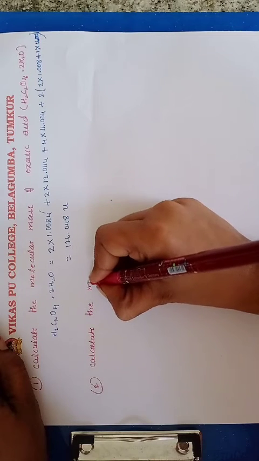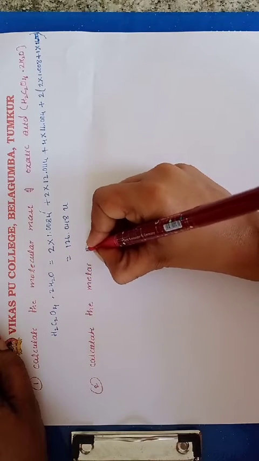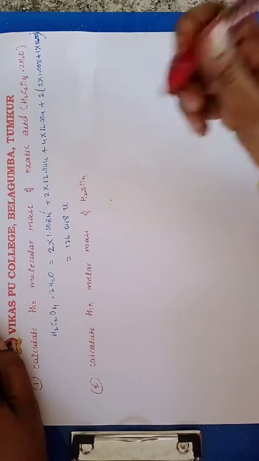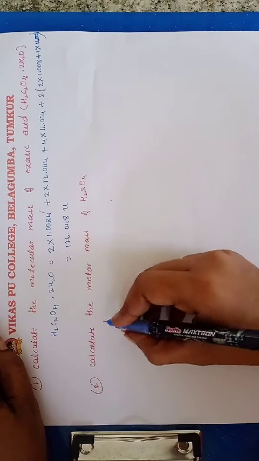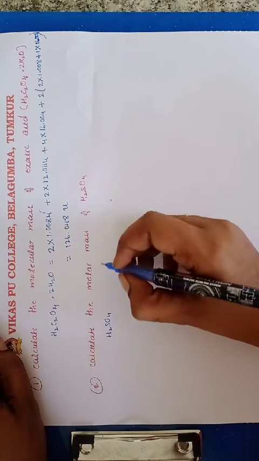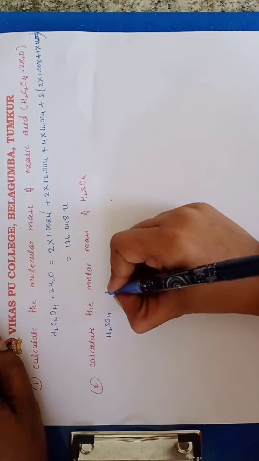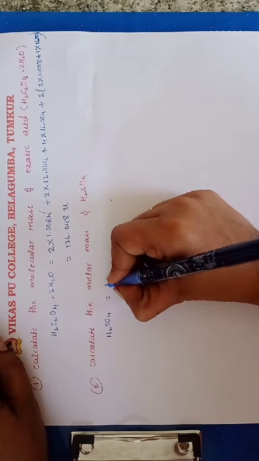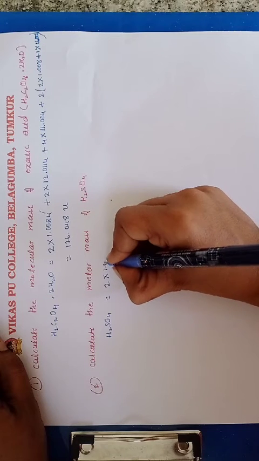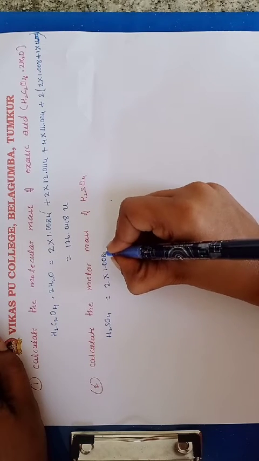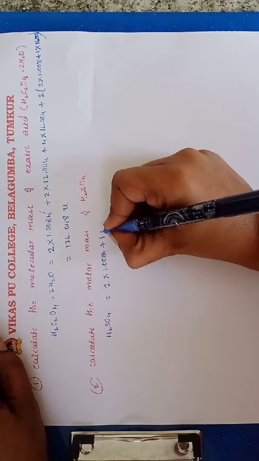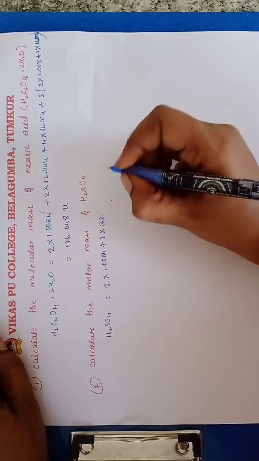The molar mass of H2SO4. If they give it like this, at that time you follow the same procedure. For H2SO4, the number of hydrogen atoms is 2 into 1.0084, plus the number of sulfur atoms, which is 1 into 32.